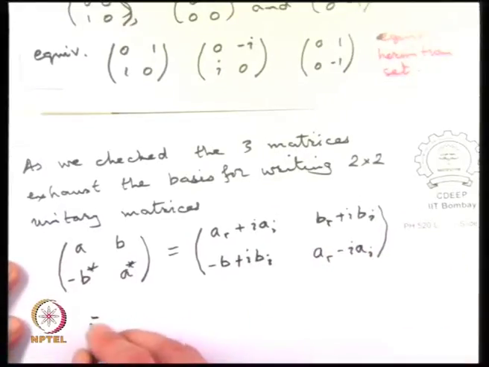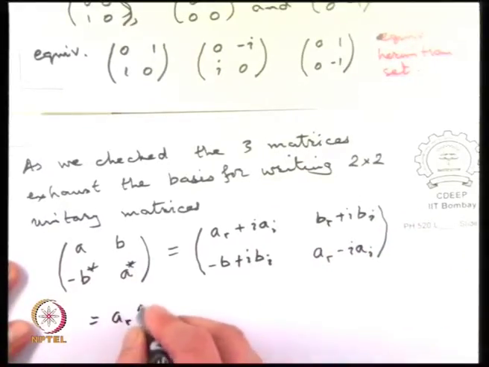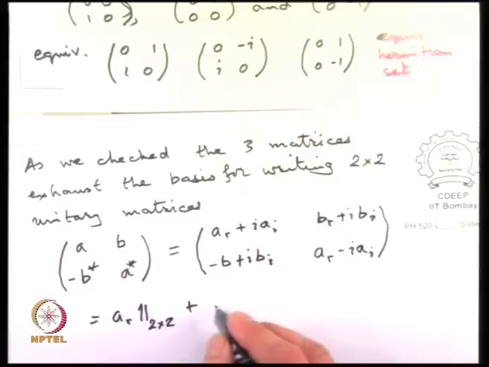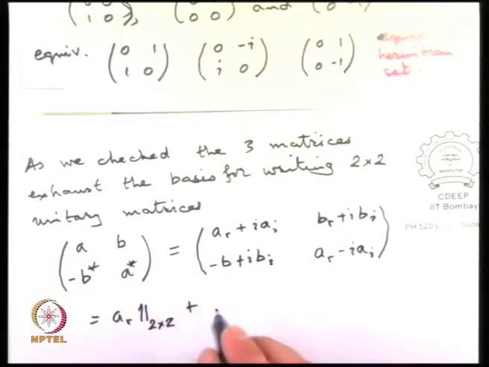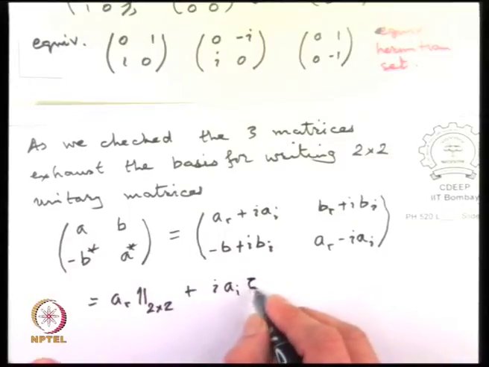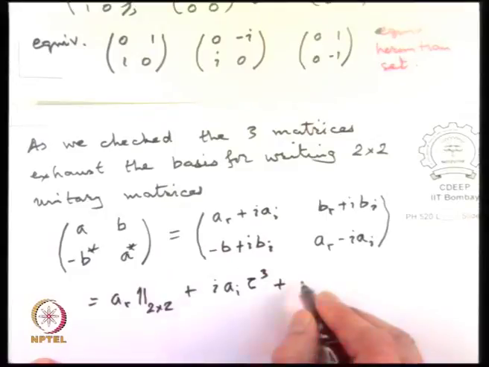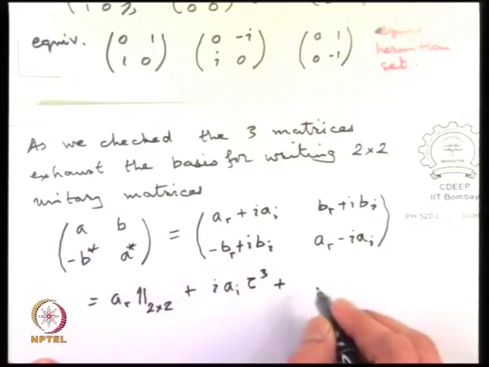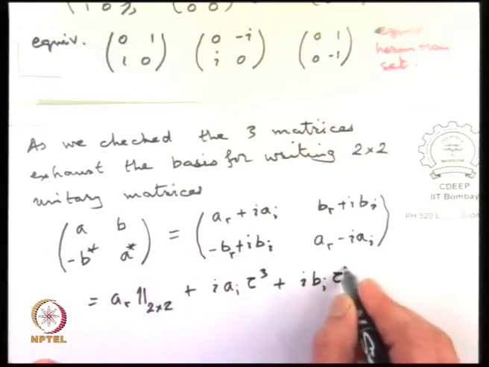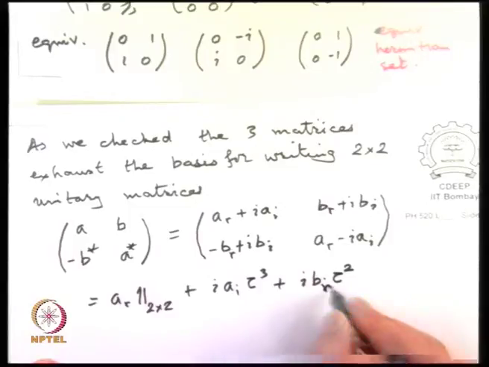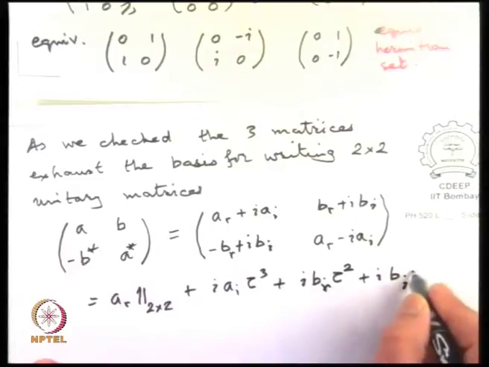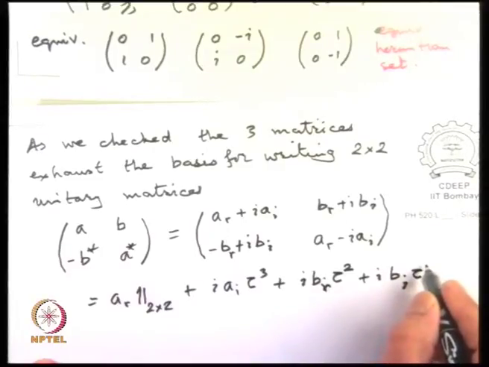So it just became equal to AR times identity, and plus this AI times I AI times tau 3 plus I BI times tau 2, BR times tau 2 and plus I BI times tau 1.